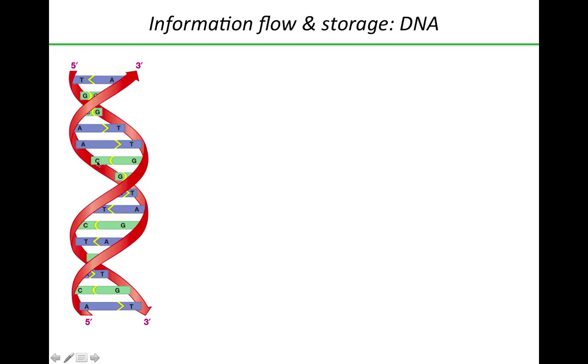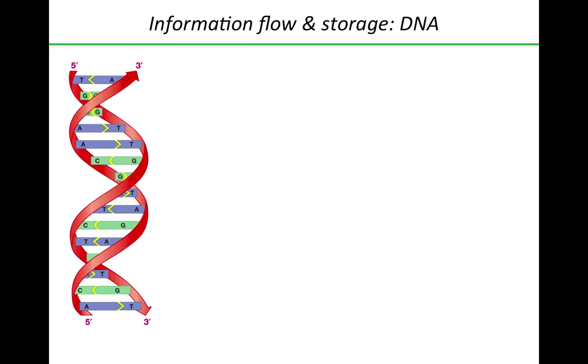So you can see the blue and the green rungs here holding the backbones together. You'll notice that the bases are labeled either A, T, C, or G. And the A's are always paired with the T's, so that's adenine and thymine. And the C's are always paired with the G's, so cytosine and guanine are always paired together.